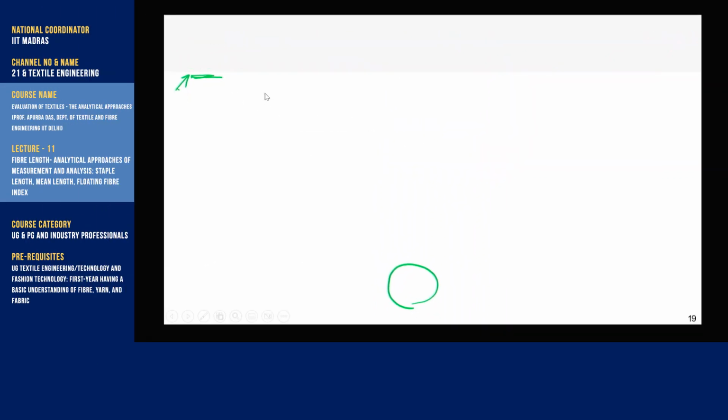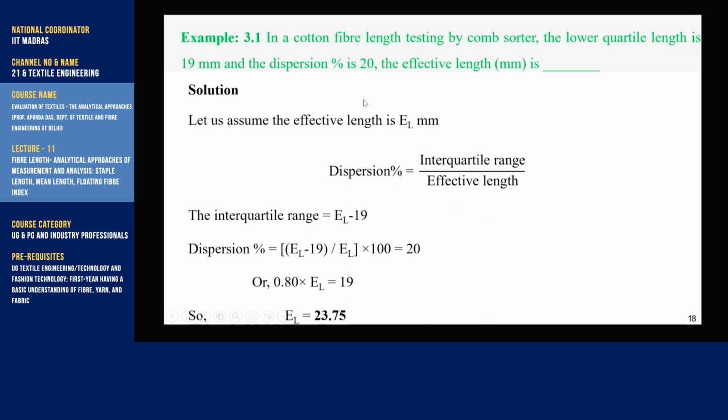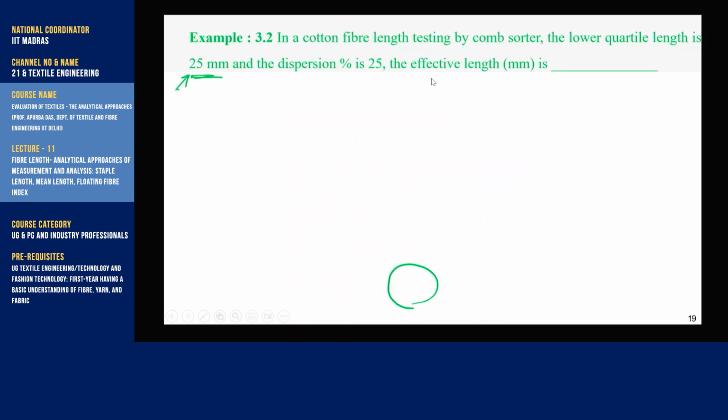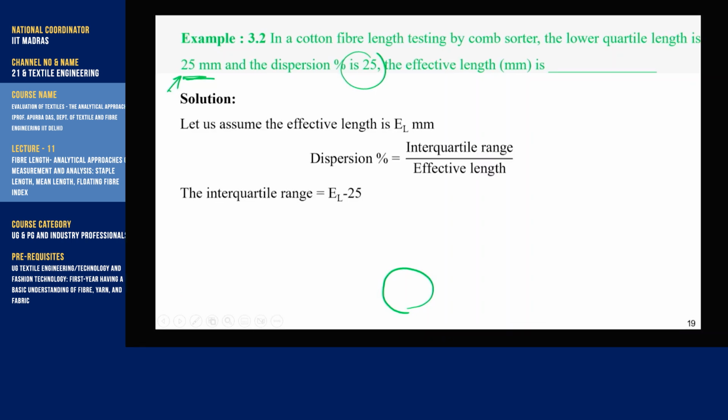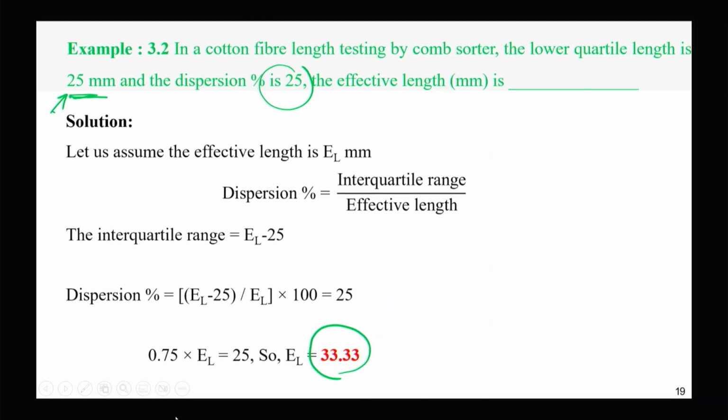Even though the fiber dispersion percent is higher, we are still getting a more effective length because of the lower quartile length.